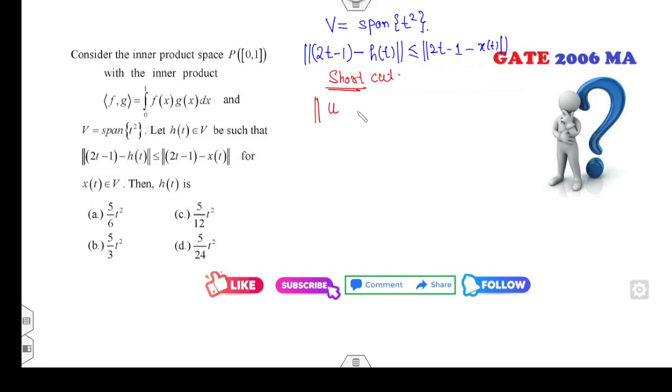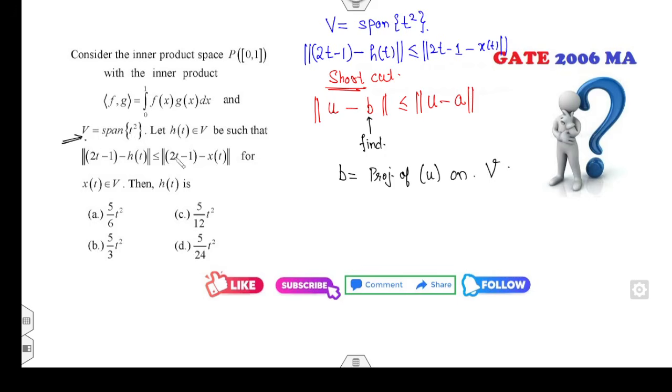Whenever you have u minus a, and this is my b, your target is to find b. Always remember, b is nothing but the projection of u on the given set V. B is the projection of u on the given vector space V.